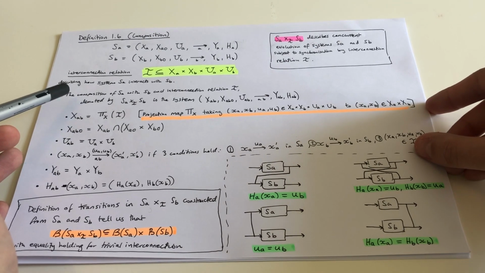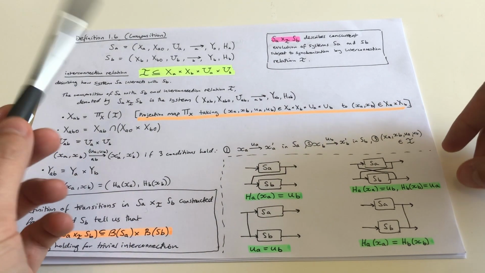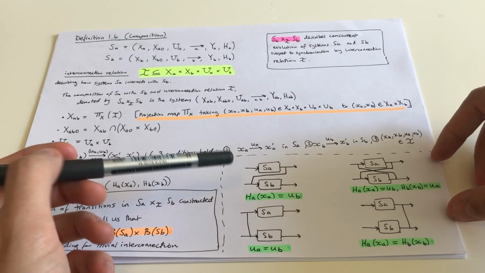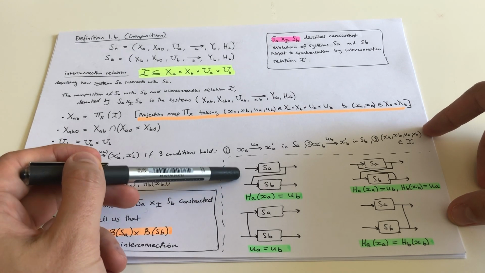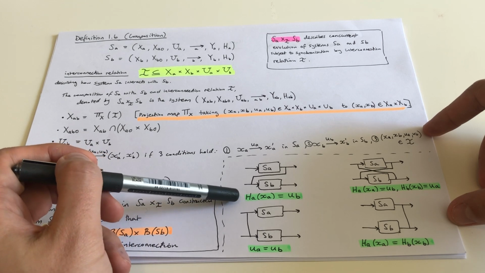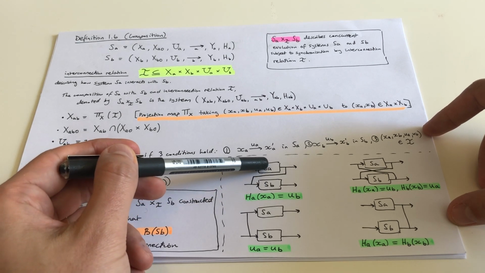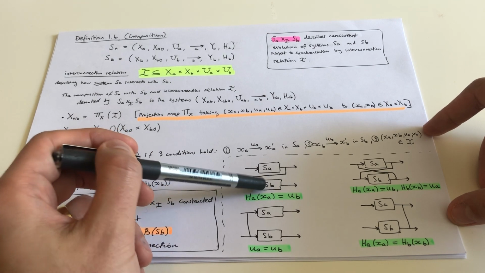So finally, let's look here at just a few different ways that this interconnection relation could be described. I've drawn four systems here and how they connect. In this first case, we've got the system SA and the system SB, and we're saying that the output of system SA is being used as an input for system SB.